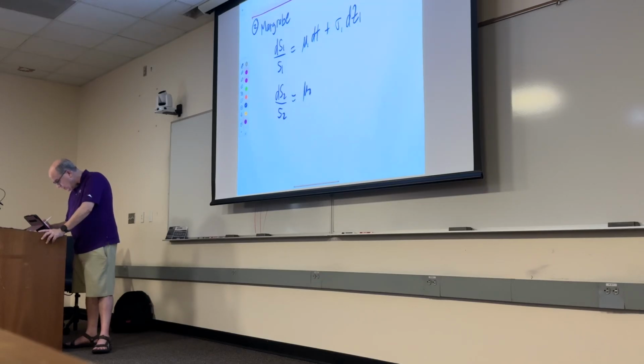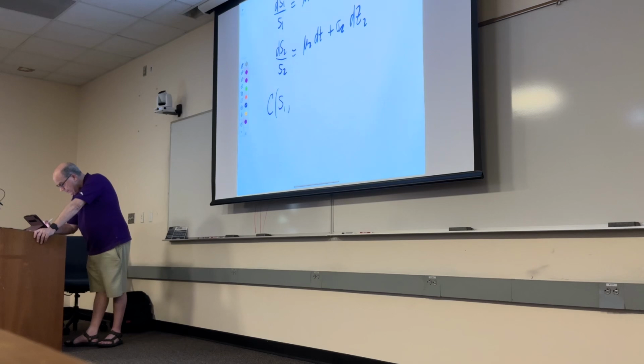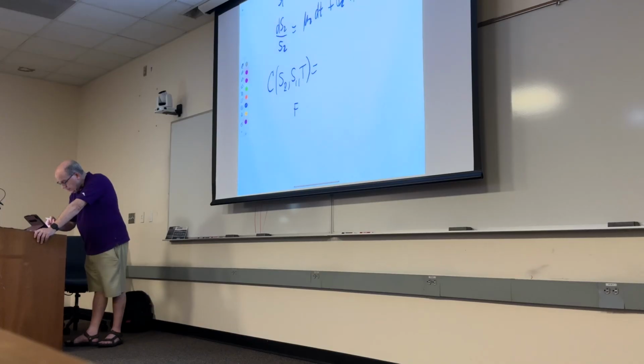You've got asset 2. And Margrabe said the value of the payout, the call that depends on S1 and S2, I like to put S2 and S1 even though I'll put it the other way, and time to maturity is going to be equal to F, not F, but let's use the language from last week.